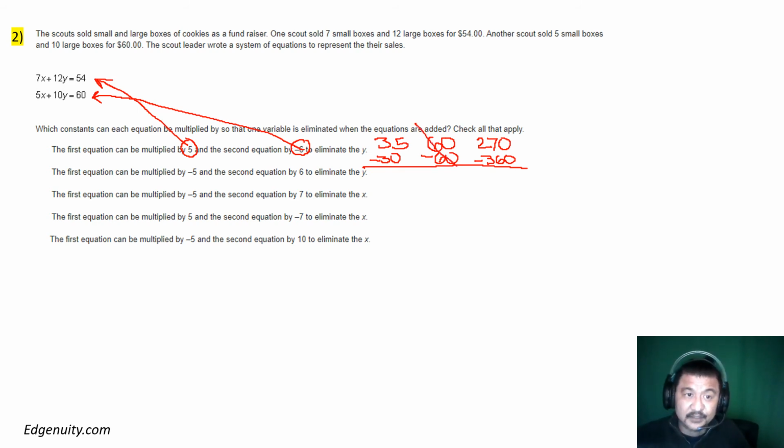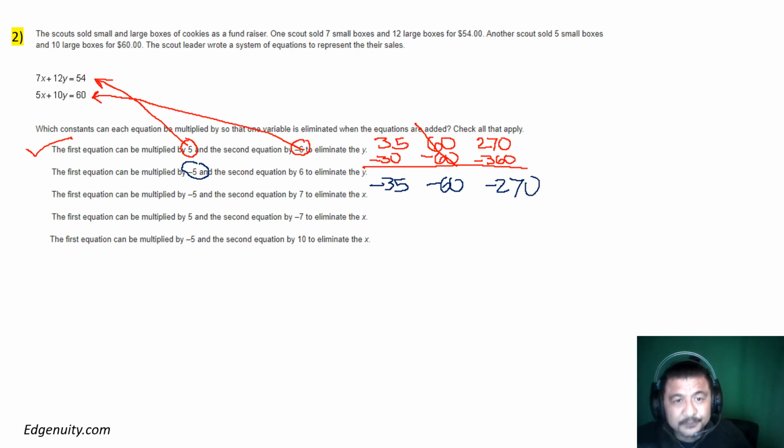So it can work, right? I could do that. So you're okay. Now, let's try the second one. Let's try multiplying by -5. It's the same as our first set, right? Let's just make it negative. -35, -60, -270. Then the second one, so the first one again, this was multiplied to the second one. Okay. 6 times 5.